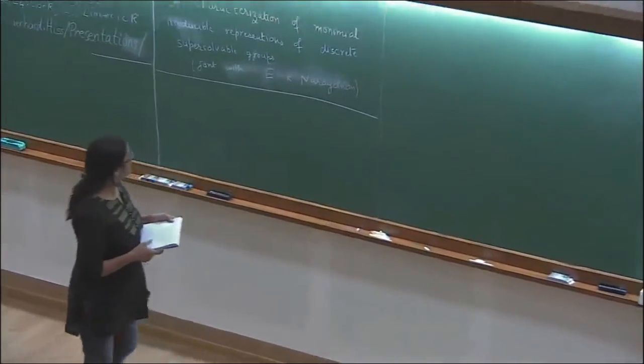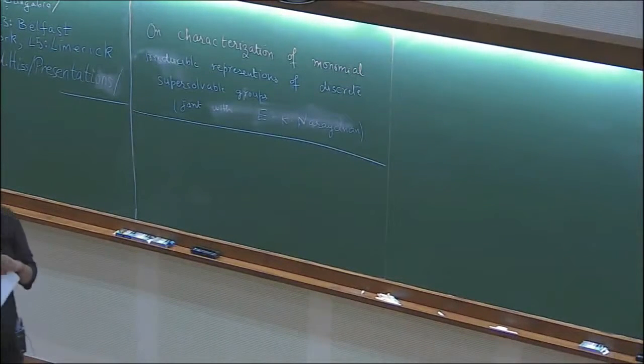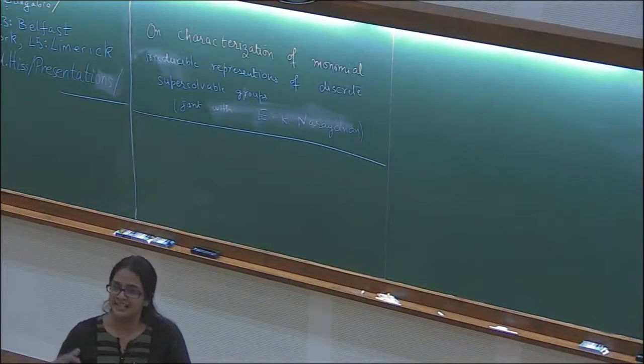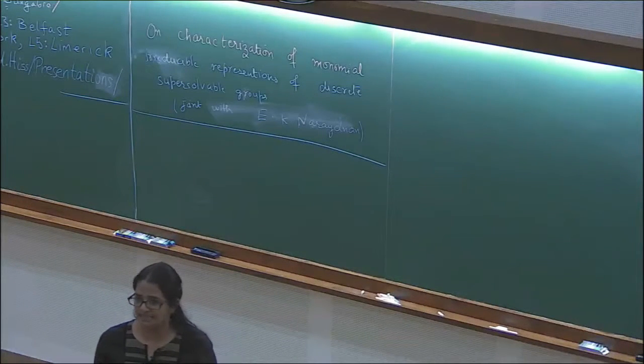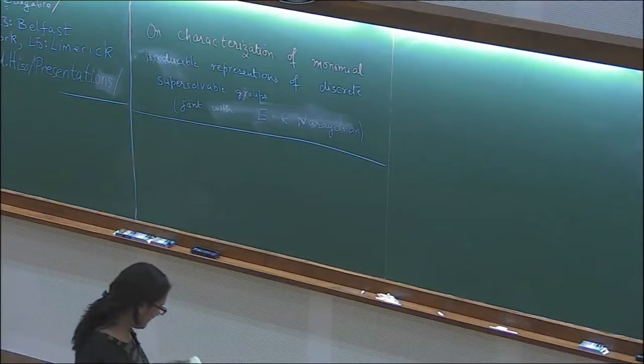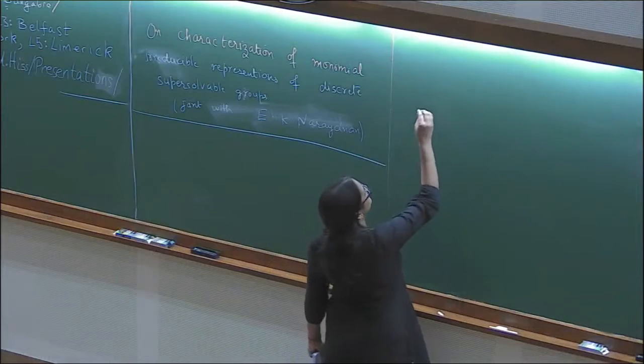My goal is to start from the finite group point of view, and then go to the infinite case, and try to bring out exactly what problems we face for the discrete groups. Okay, so let's start with finite groups for the motivation.